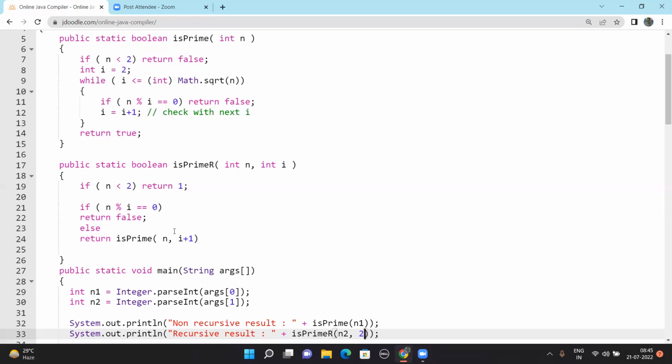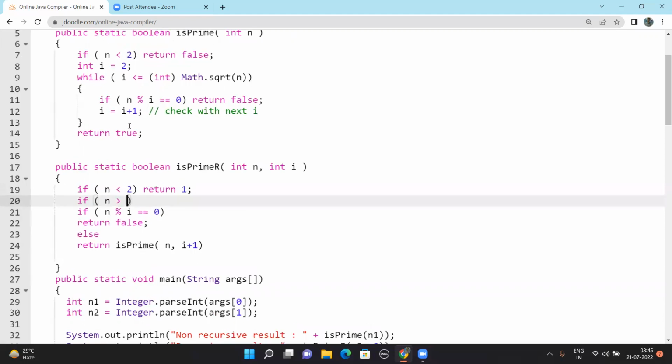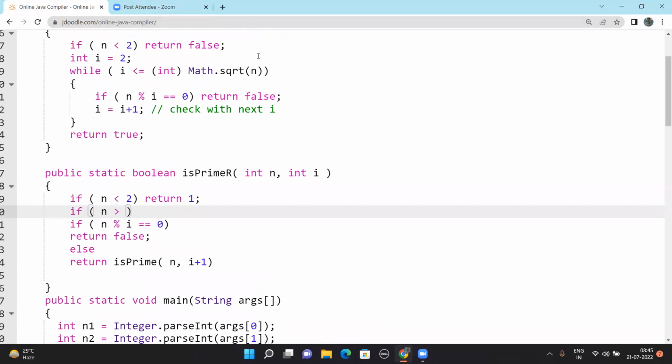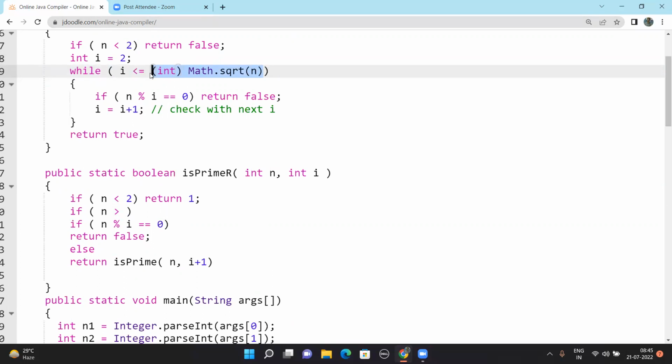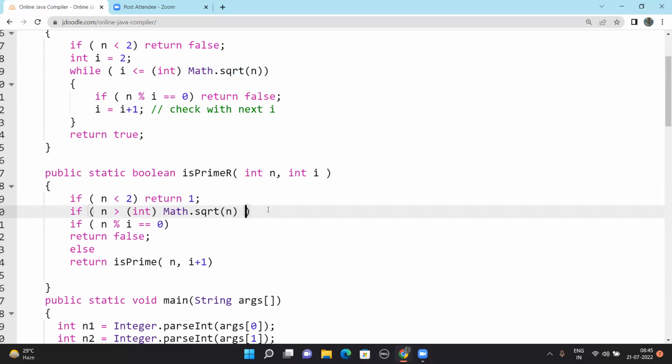How long do you check? What is the maximum value of i? There should be a limit, right? That limit is, take this condition. If i is greater than this value, then stop and return true, because you could not return false.